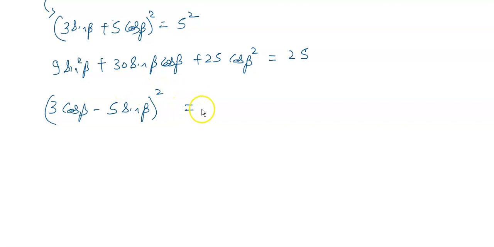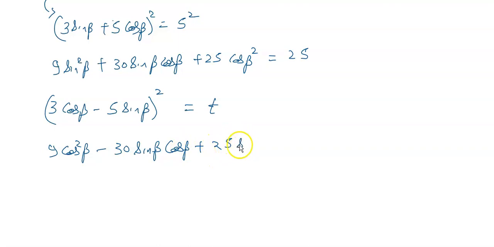Let's call this as t. इसको एक्सपांड करेंगे तो 9 cos square beta minus 30 sin beta cos beta plus 25 sin square beta is equal to t square. So let's say this is equation 1, this is equation 2, right?